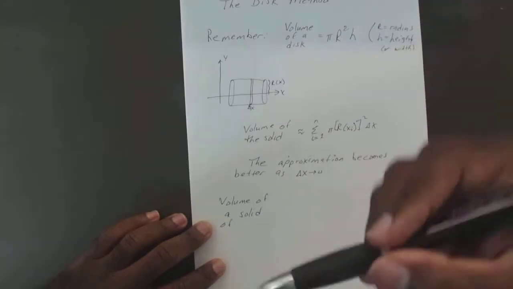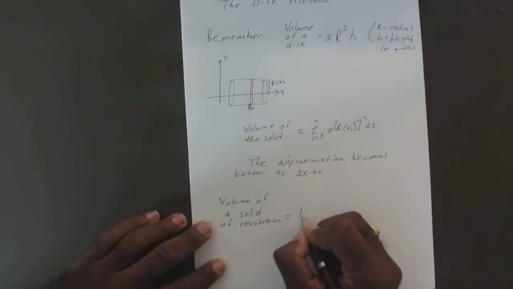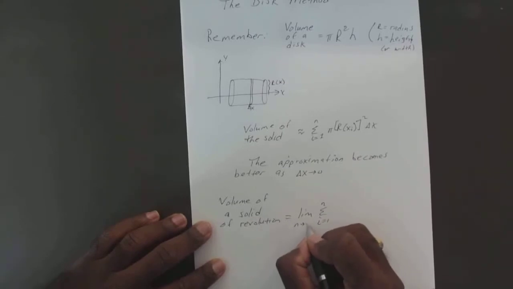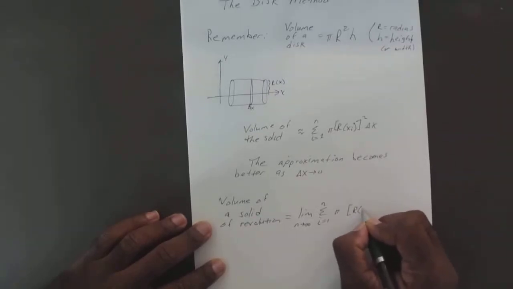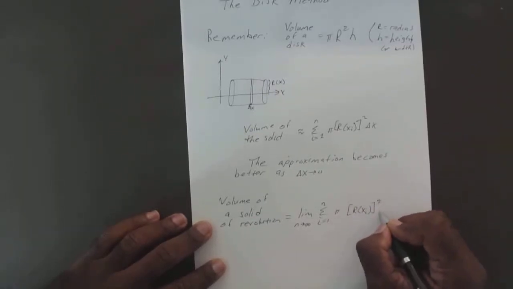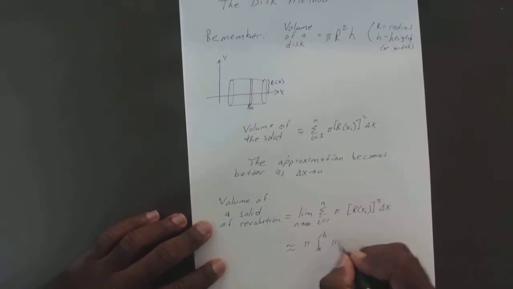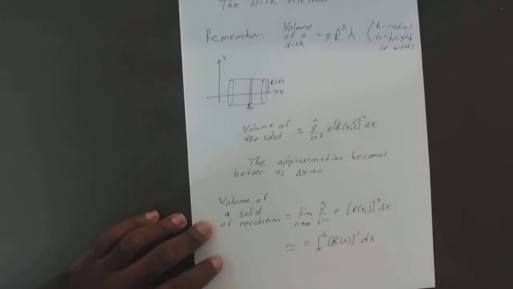Okay, so the volume of a solid of revolution, which is that solid going around the x-axis, goes the limit from i equals 1 to n as n approaches infinity of pi r of x i squared delta x, which just becomes your integral from a to b of pi r of x squared with respect to x.